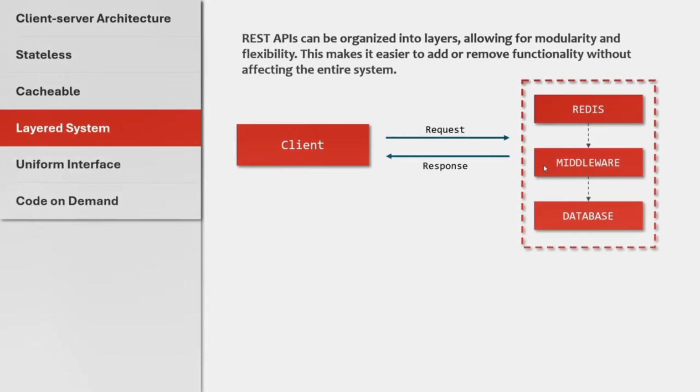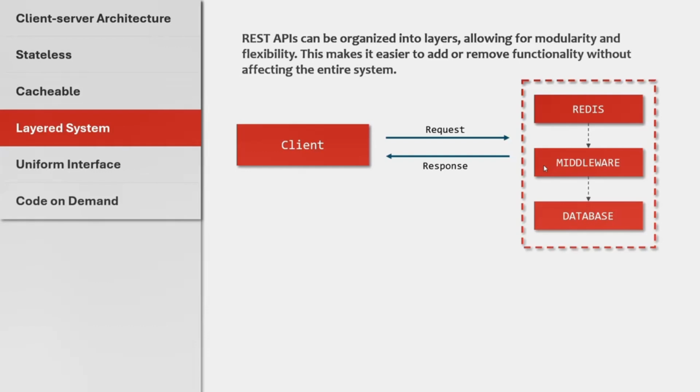Whenever you send a request from the client to the server, at the server end, the request might have to pass through different layers of the system before the response is sent back from the server. There could be a Redis cache, there can be middlewares in between, and there can also be a database. And this is a very simple example with few layers.